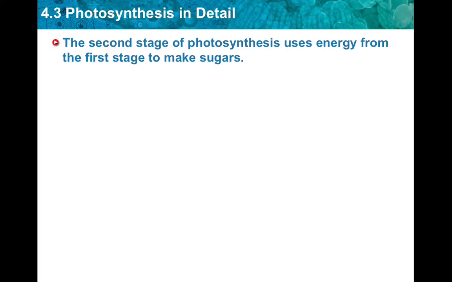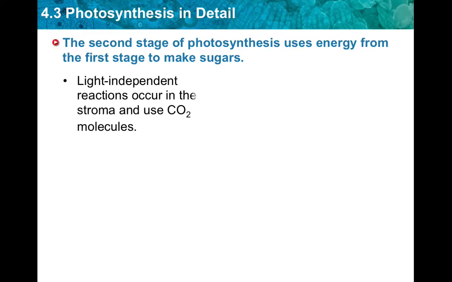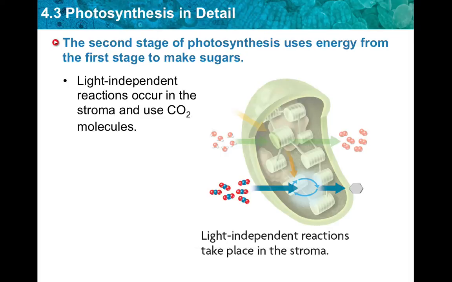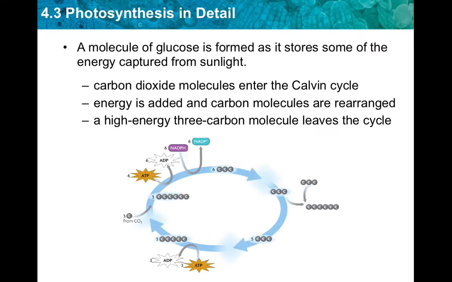The second stage of photosynthesis uses energy from the first stage to make sugars. The light independent reaction happens in the stroma and uses CO2 molecules, or carbon dioxide molecules.